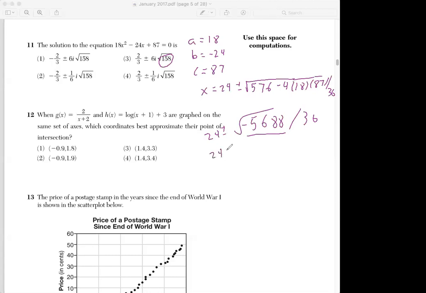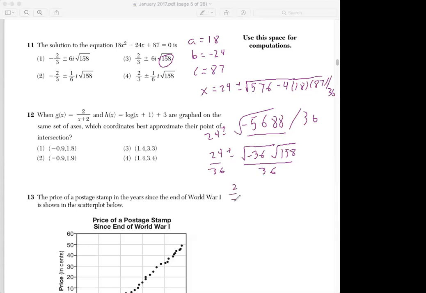So this is 24 plus or minus the square root of negative 36 square root of 158 over 36. Let's see, 24 over 36. We can simplify that into 4, 6. We can simplify that further. 12, 24.